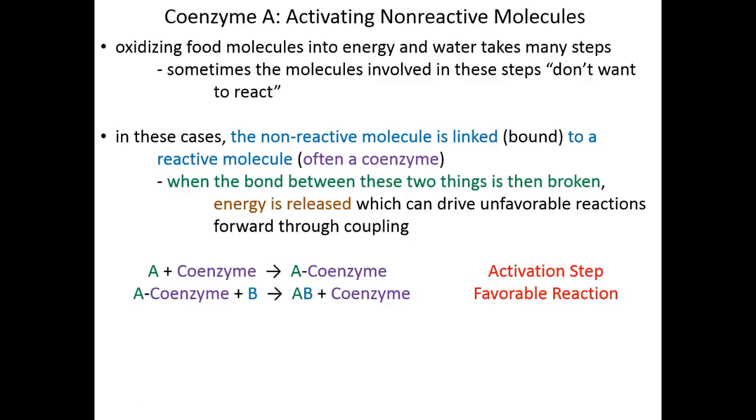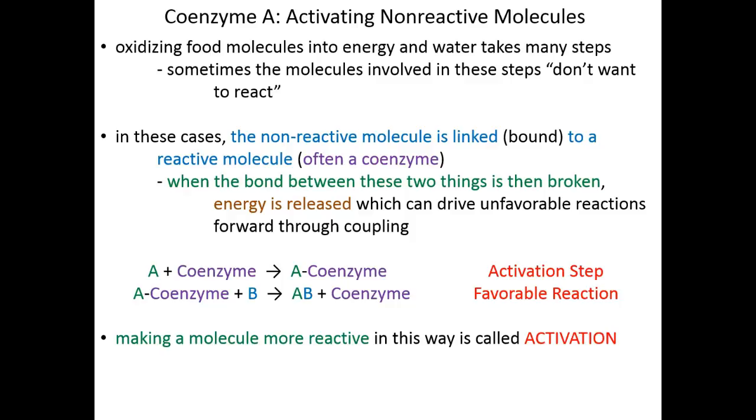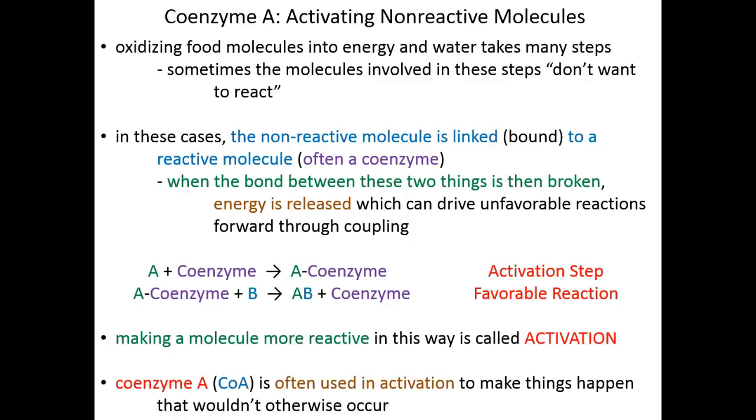And so A now behaves as a reactive molecule, breaks its bond with the coenzyme, and links up with B. A being linked with B is far more favorable than A being linked to the coenzyme. We have fooled A into being reactive by pairing it with something it so desperately didn't want to be paired with. And now any other chemical alternative is favorable compared to the one that it was in before. Making inert, non-reactive molecules reactive in this way is chemically called activation steps.